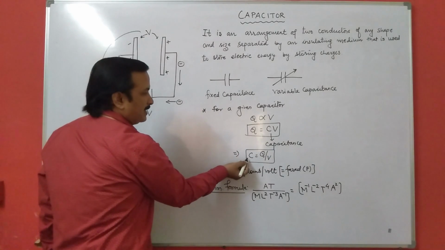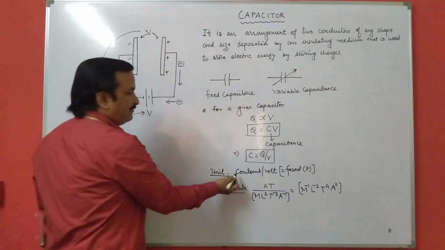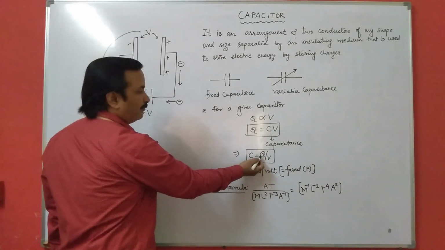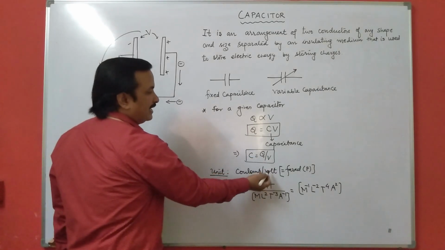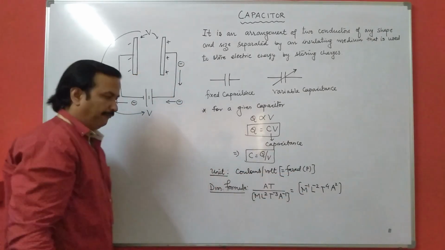So from here, capacitance C is equal to Q upon V. Unit for Q is coulomb. Unit for V is volt, which gives farad, represented by letter F.